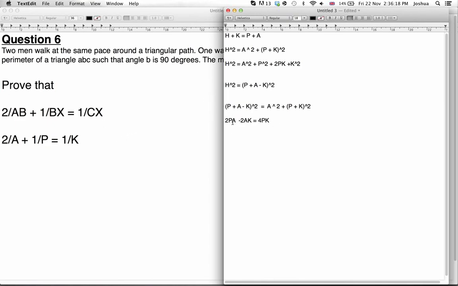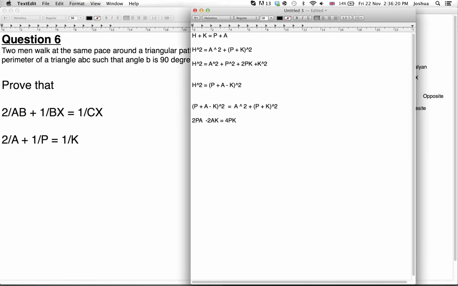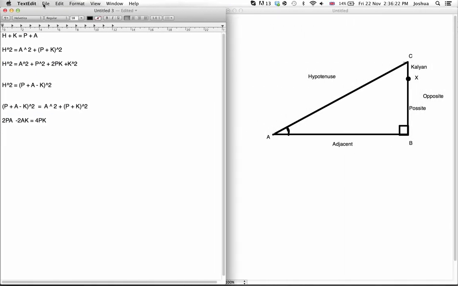What we can do is we can divide everything. Oh, I get it, guys. I get it. I'm so close, I just don't know it. Divide everything by P. So that becomes 4K. This becomes 2A. And this gets divided by P. Then divide everything by AK. So that goes there.